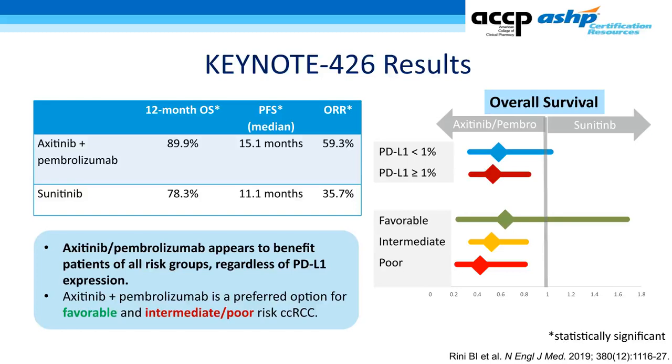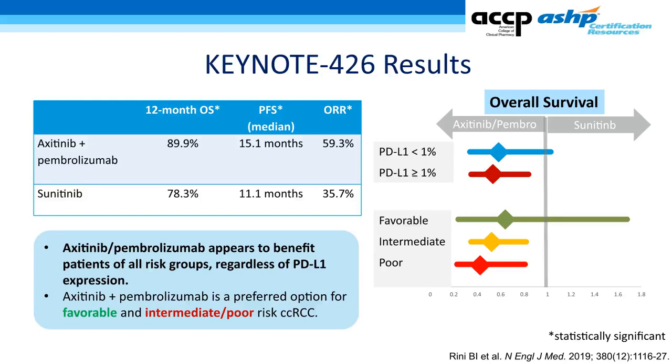Now, if you look closely at our forest plot here, you can see that our 95% confidence intervals for the intermediate and poor risk patients are relatively narrow and are statistically significant, not crossing 1. That favorable risk is relatively wide and does cross 1.